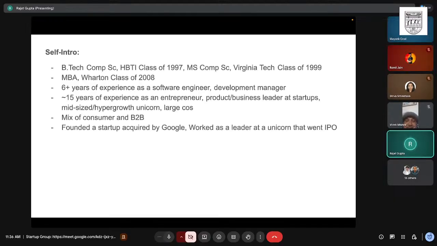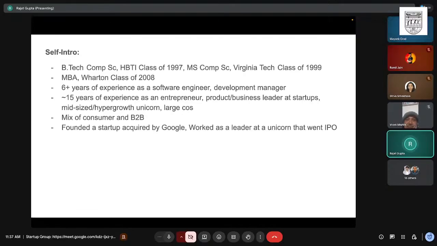A quick intro. I have a bachelor's and a master's in computer science. I spent the early part of my career as an engineer and a development manager. Ultimately, I got an MBA. Since then, I've mostly spent my time in tech, at the cusp of product and business.